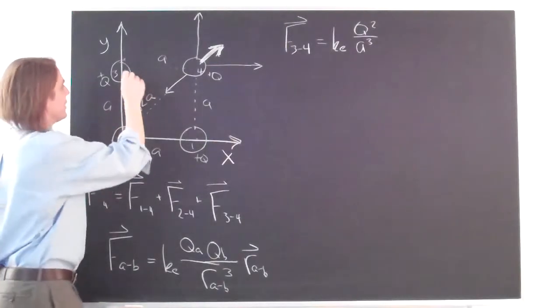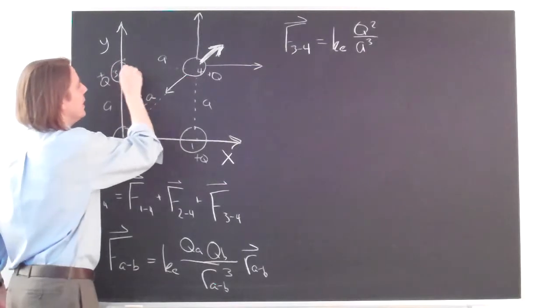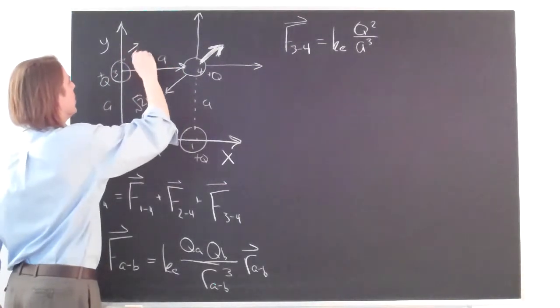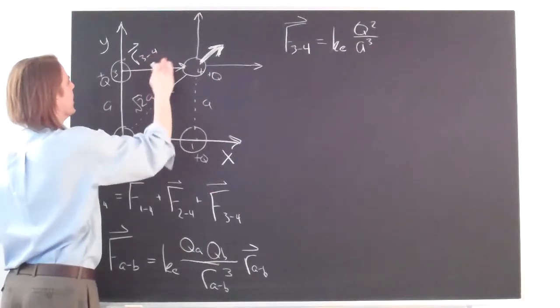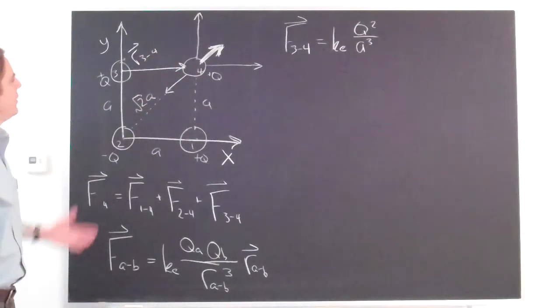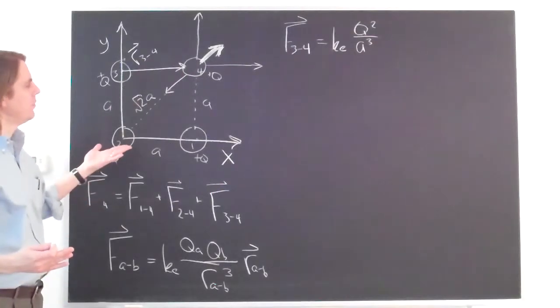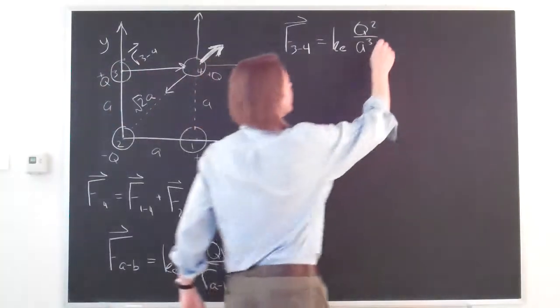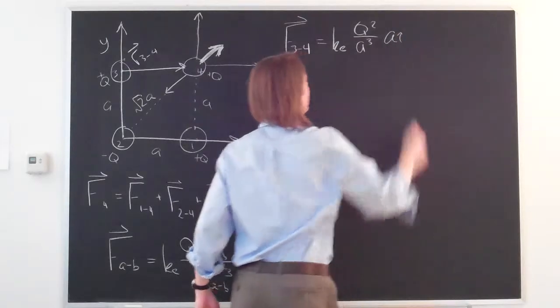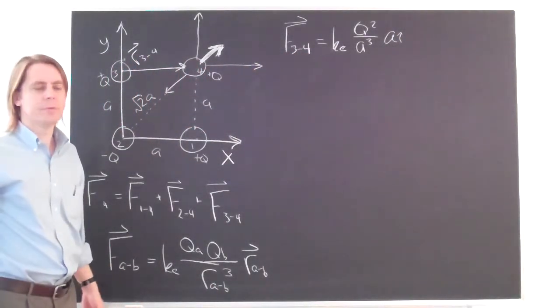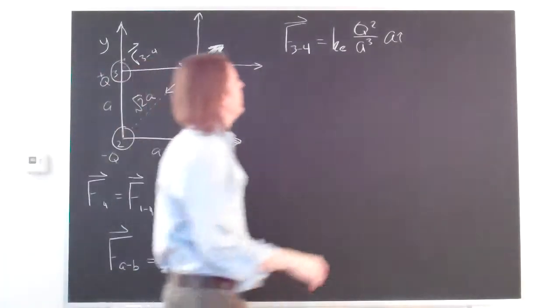That's a vector that starts at 3 and goes to 4. What is that vector? It's just a vector that points in the x direction, with distance A. So that vector is just A times I hat. And then you're done. That's F3 to 4. There's no need for inspection. No need to think about it anymore.